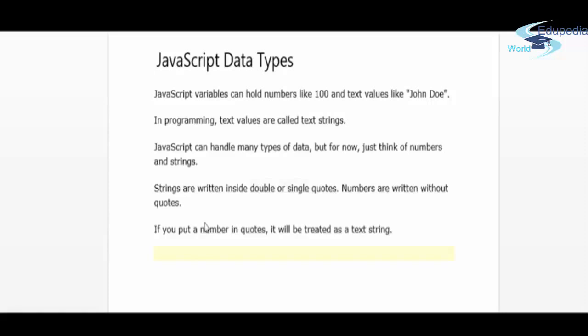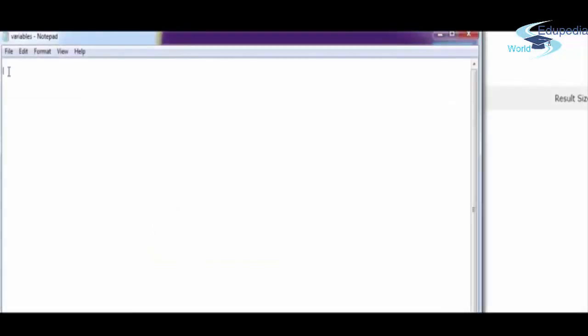Let's try this ourselves in the notepad. Let's write a program that demonstrates the use of data types. I'm going to begin typing. Open up the doctype HTML, the HTML tag, and the body tag.